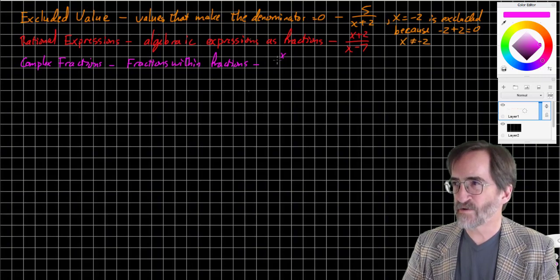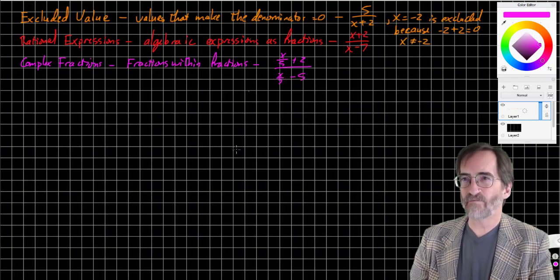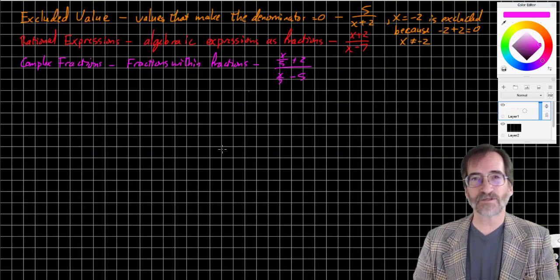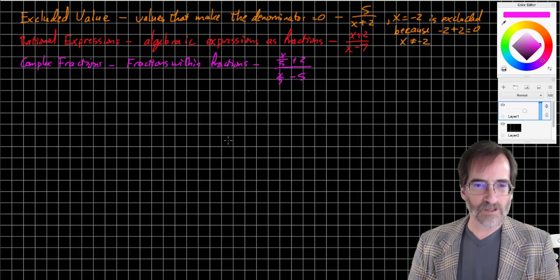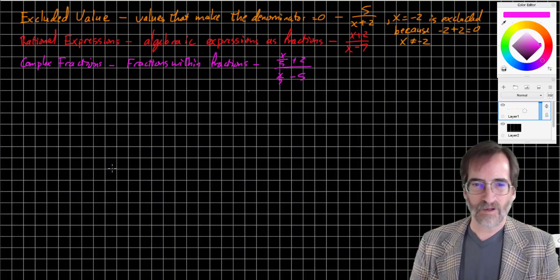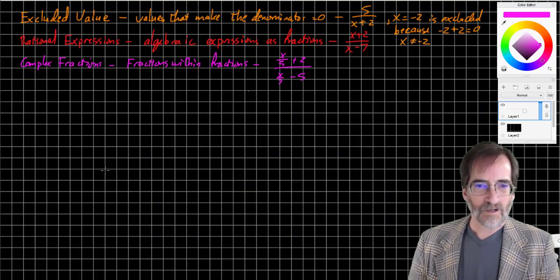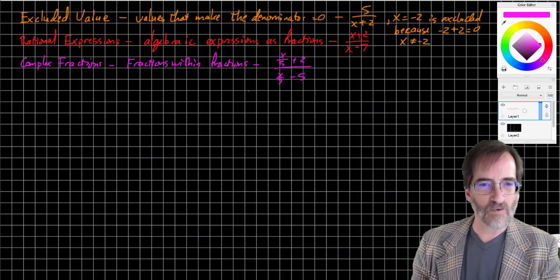So x over 5 plus 2 over x over 7 minus 5. That's a complex fraction because it's got fractions in the numerator and fractions in the denominator. Okay, that's the key word there for lesson 2.